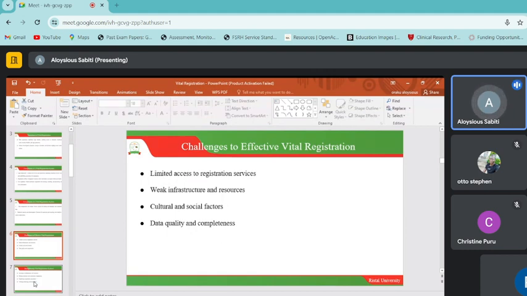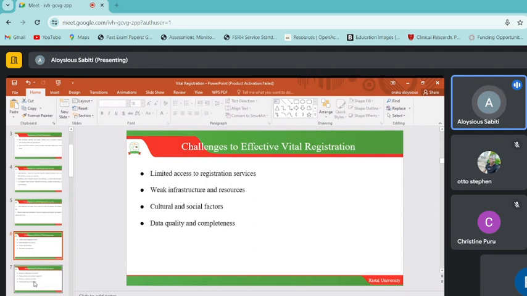But also we have challenges of cultural and social factors. When we are broadly talking about cultural and social factors, we understand issues regarding education level as a social factor. We understand there are issues such as cultural norms and practices that probably do not allow some people to do registration. Apart from cultural norms and practices, there are some religious norms and practices that probably do not allow certain aspects regarding vital registration.